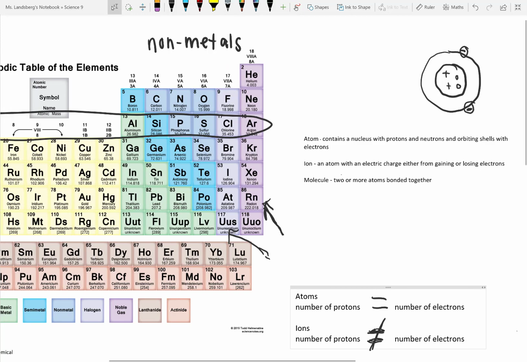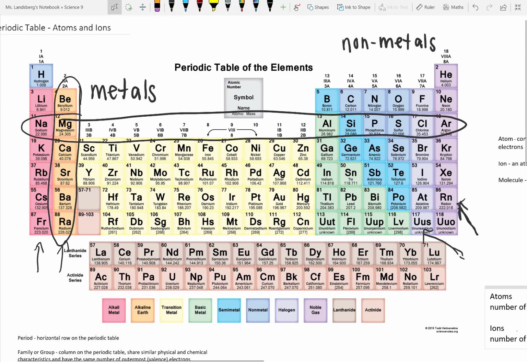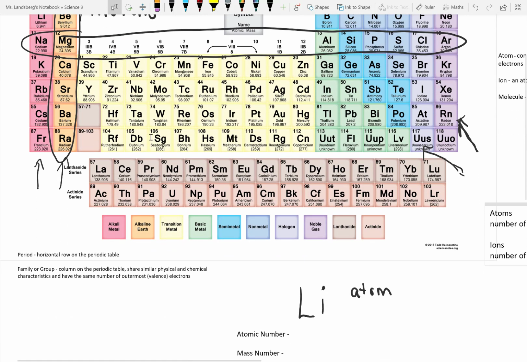So now we're going to take the information from the periodic table and figure out how many neutrons, protons, and electrons we have in each atom. So I'm going to use lithium as our example. Specifically, I'm going to use the lithium atom. Great.